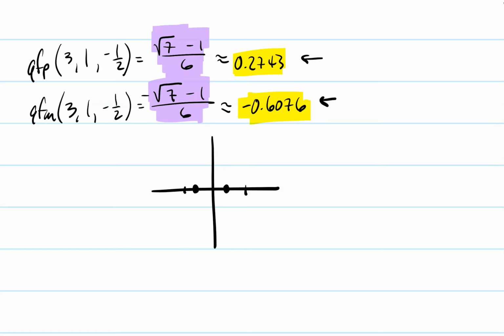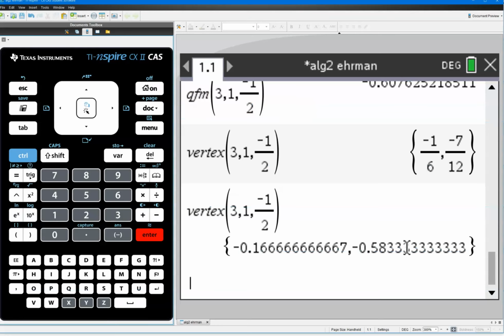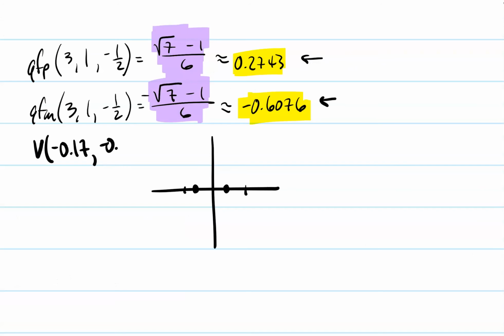So I now have a vertex of -0.17, I'll just call it that because of rounding, and -0.58. So even though I don't know exactly where that is, I have a decent understanding.